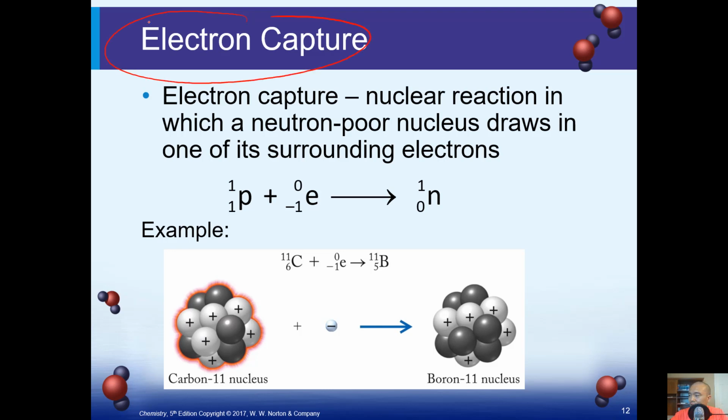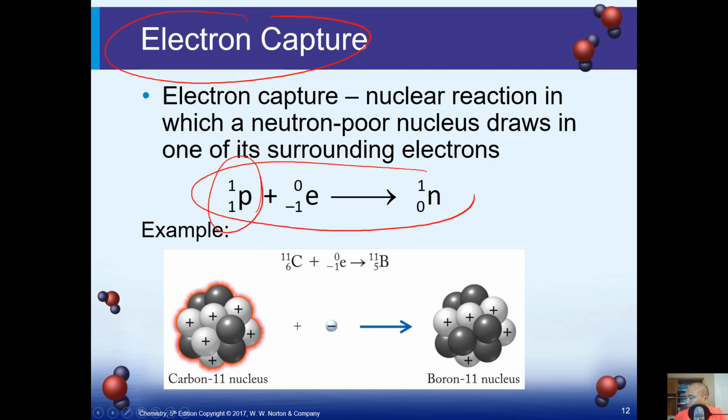Electron capture is another mode of decay by which a neutron-poor nucleus draws in a surrounding electron and converts a proton to a neutron. In this case, an electron in the low energy orbital is captured by the nucleus and reacts with the proton to convert it to a neutron.